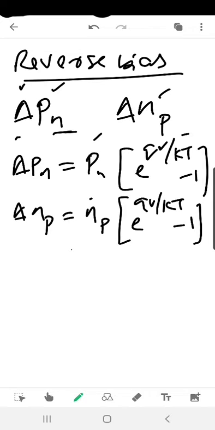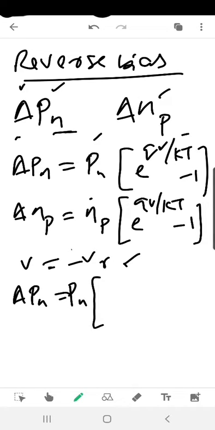During reverse biasing we know that the reverse biasing voltage is minus Vr, so we can say that during reverse bias the value of V will be minus Vr. Putting V equals minus Vr in these two equations, we get delta Pn equals Pn times e raised to the power minus qVr divided by kT, minus 1.